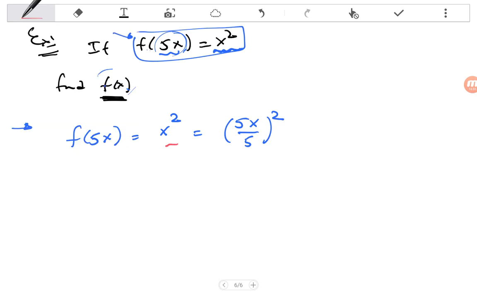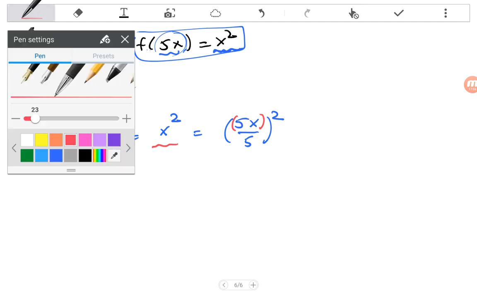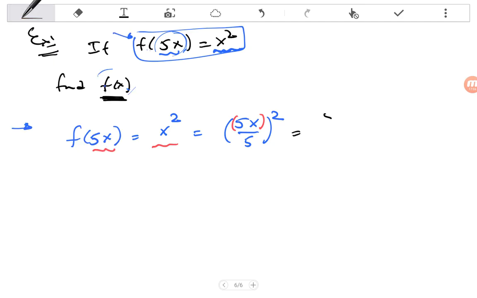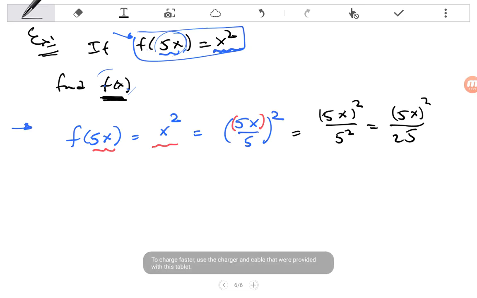I expressed that output in terms of the input, which is 5x. Now that is equal to 5x all squared over, when I distribute the power, 5 squared, which is 5x all squared over 25.